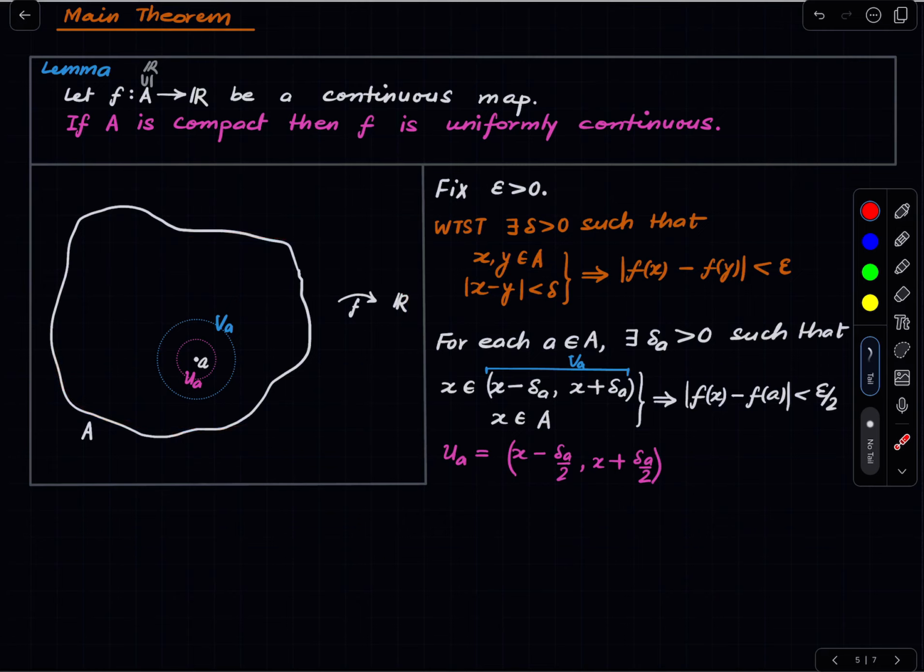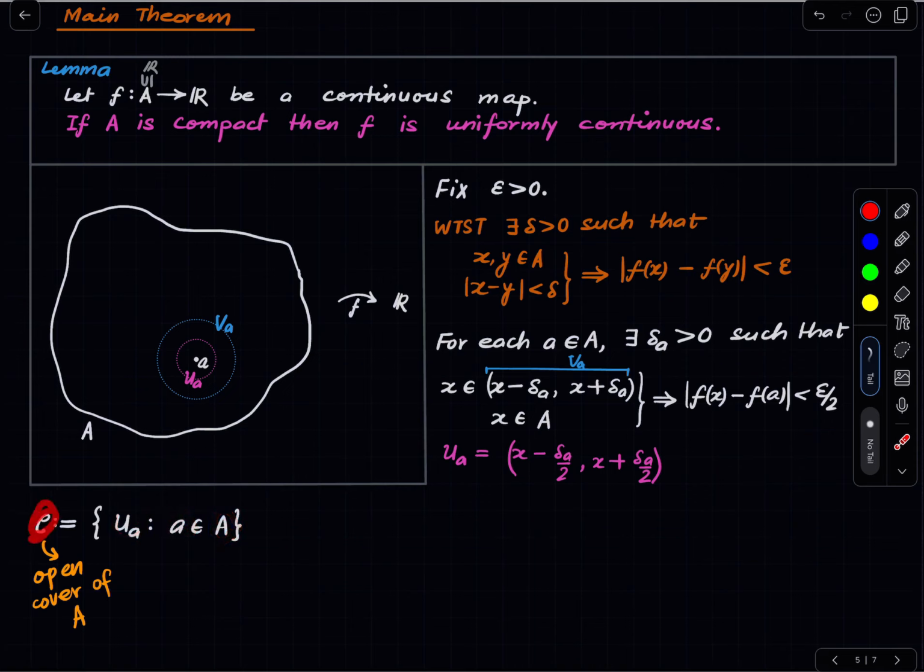Okay. So now define this script C as the collection of all the half balls, the pink balls. And clearly this is an open cover of capital A, because each U_a is open and every point in capital A is in some U_a. In fact, if you pick little a in capital A, little a is lying in U_a.